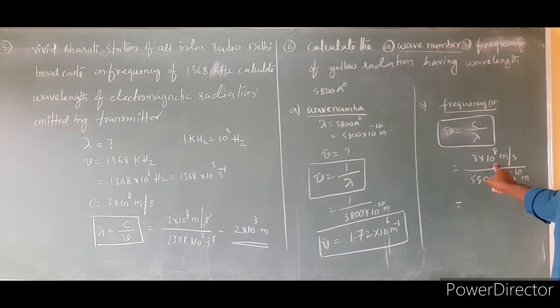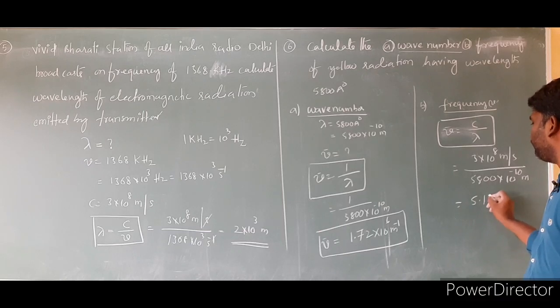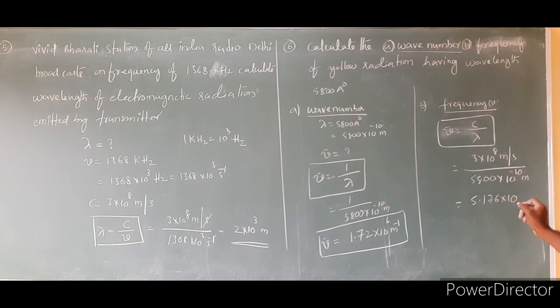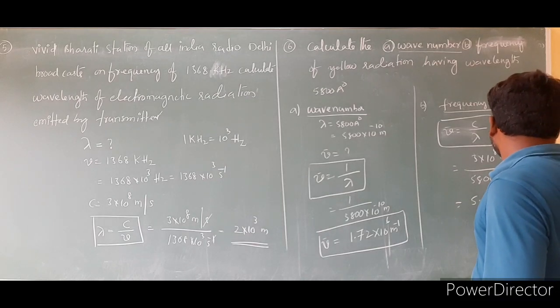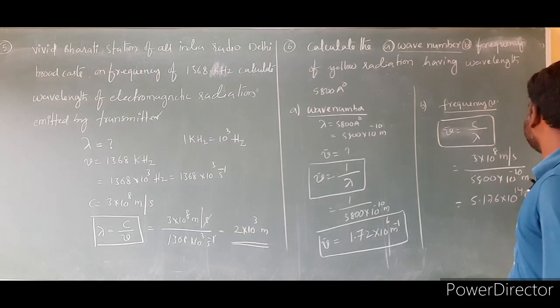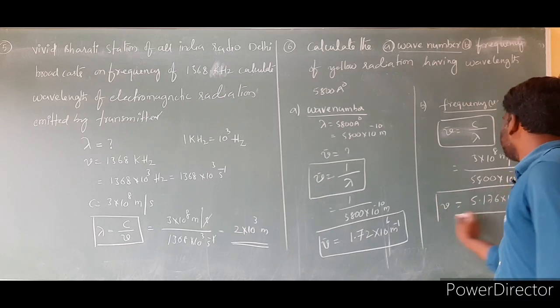Upon simplification, you will get 5.176 into 10 to the power of 14 second inverse. Meter cancels, so 14 second inverse. So this is the frequency of this radiation.